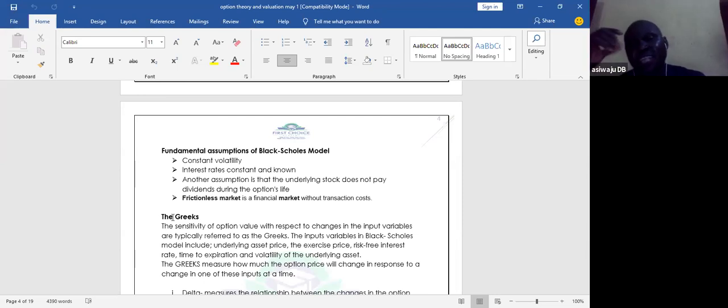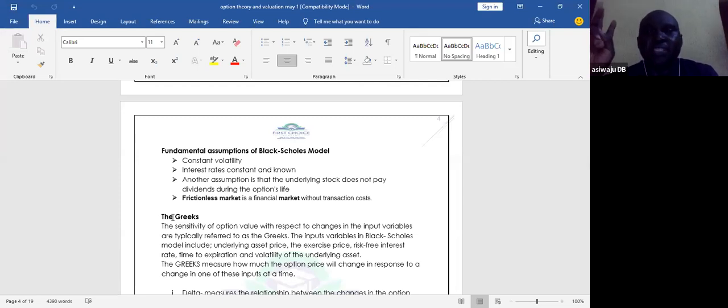Now, recall that to determine the value of an option, you require five variables. One is the underlying asset price, denoted X0.